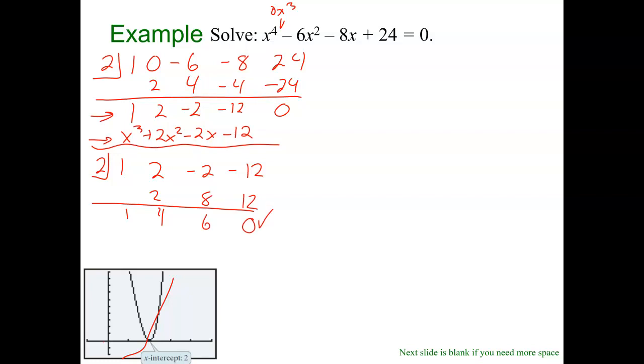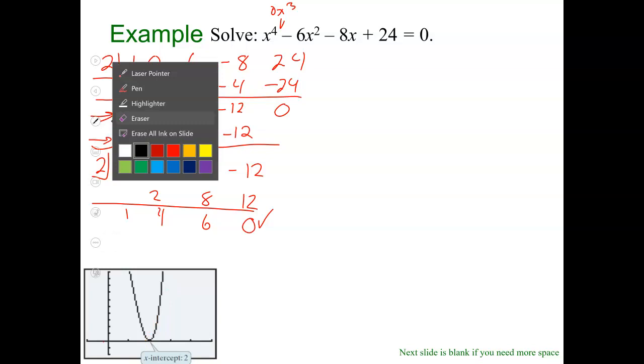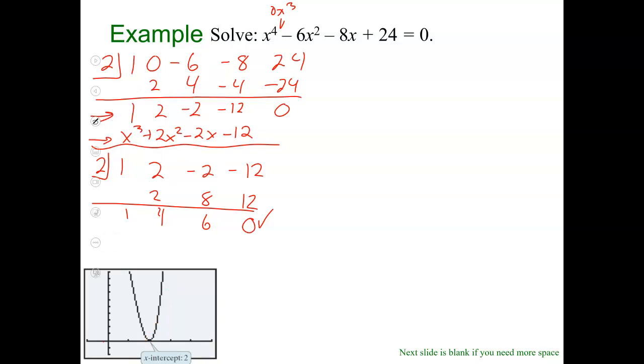So again, the reason that we can use 2 twice is because, see how it comes down and it touches the x-axis and then it goes back up?